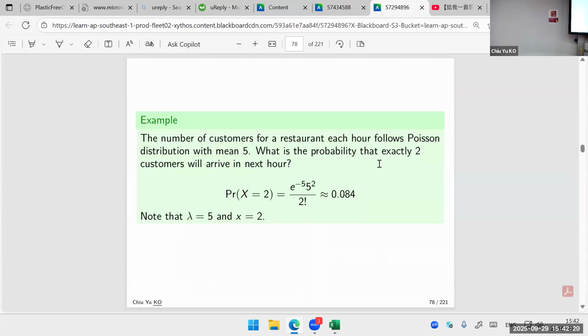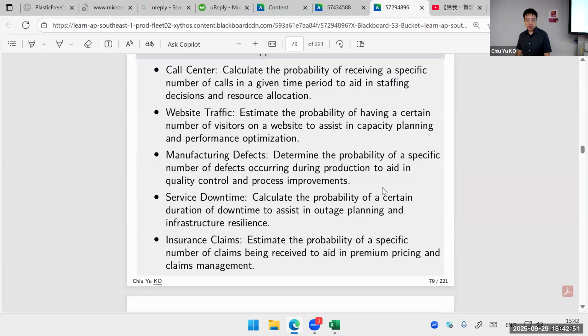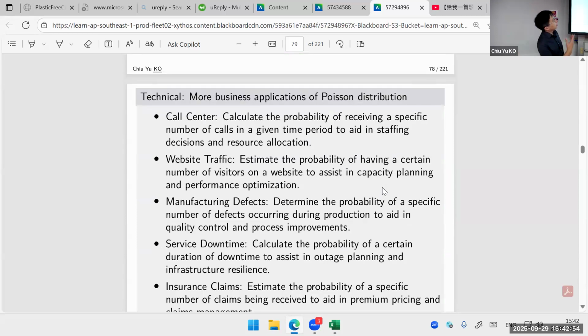So just before the break, we talked about the two very important cases, which are the binomial and Poisson applications, right? You can see the Poisson is super useful because we often ask how many things would happen over a period of time, right? In modeling a lot of scenarios and dynamics, Poisson is super useful. Like this, look at the call center, how many calls you would have, right?